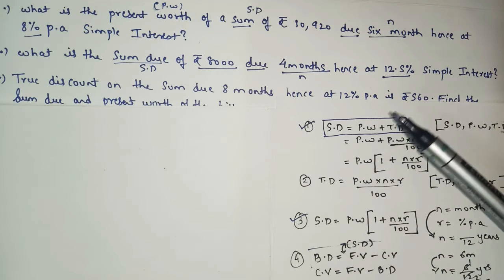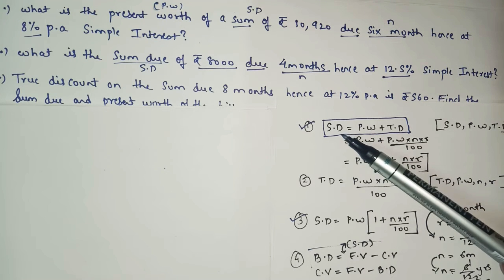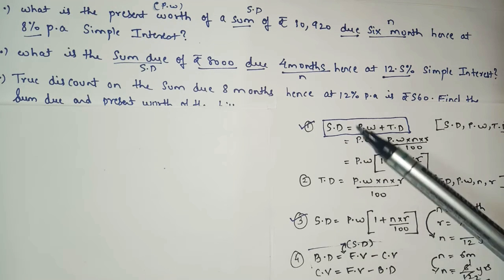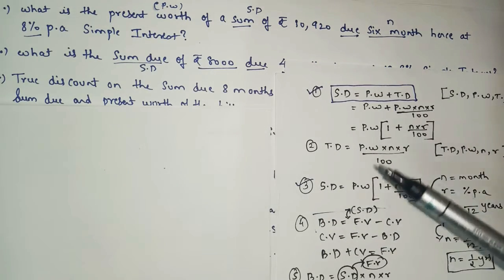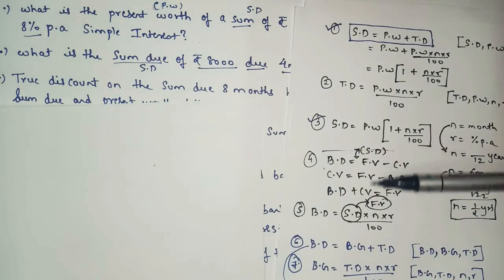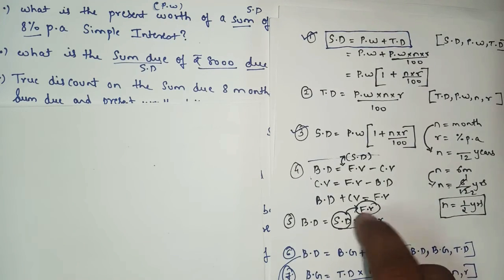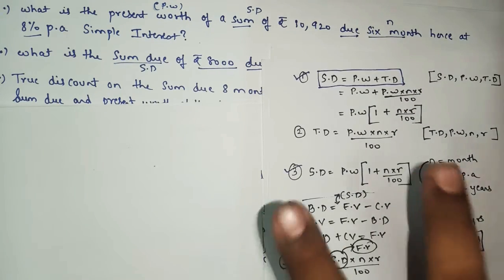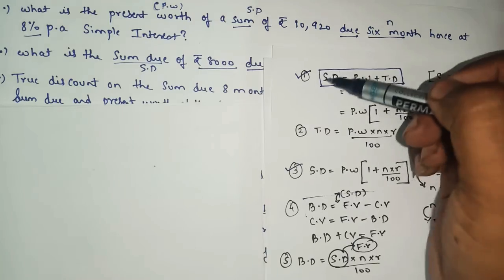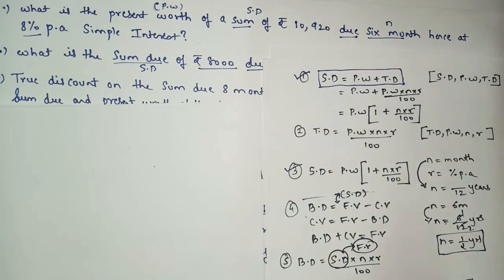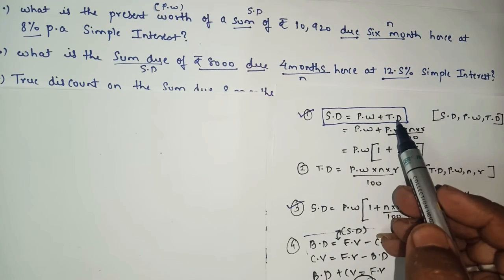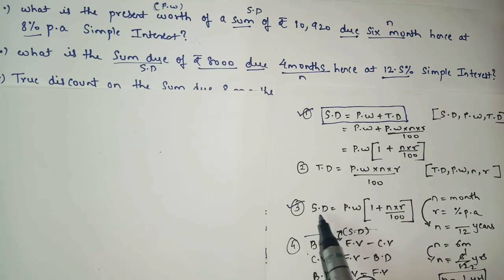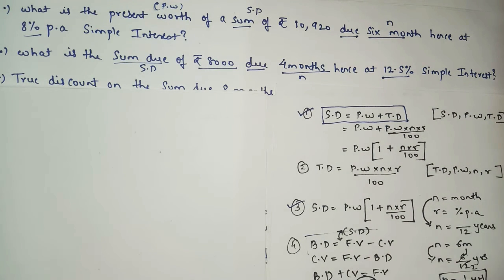Just now we saw how to find SG when SG is given. Here we have two important formulas. Further, we cannot see SG anywhere because SG here is replaced by FV. So the two important formulas to find SG are these two formulas, yes or no? We know that for this formula we require PW and TD, and for this we require PW.